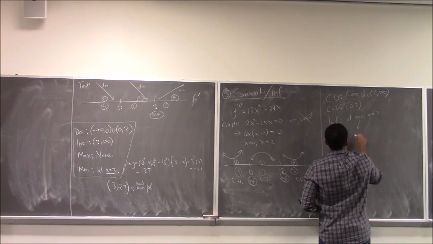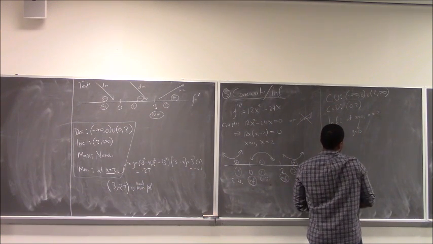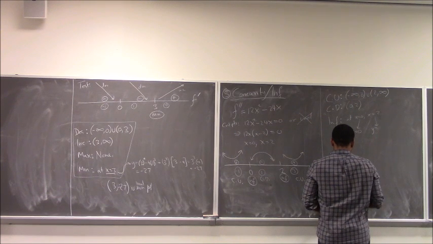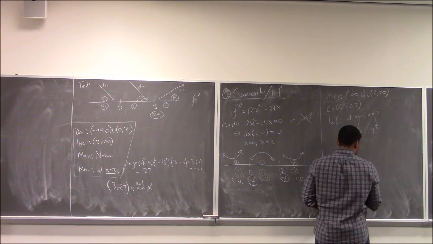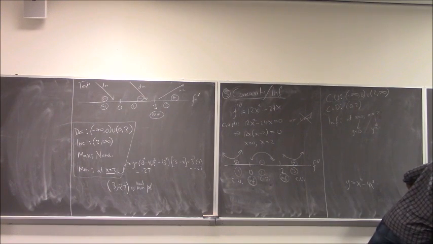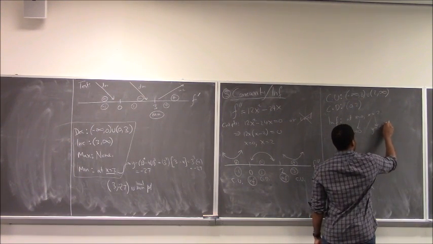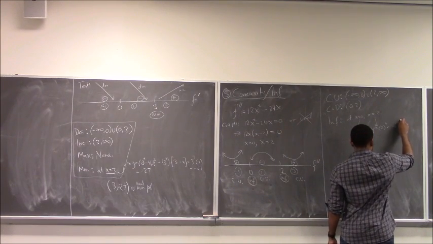So if I want to find the coordinates, I plug into the original function. At 0, y equals 0. If I want to find the y value at 2, I plug that in: 2 to the 4th minus 4 times 2 cubed.